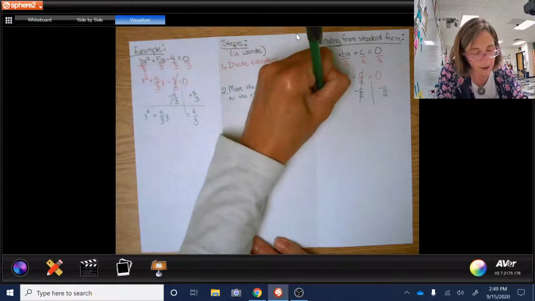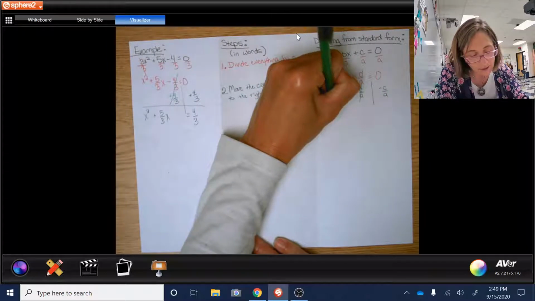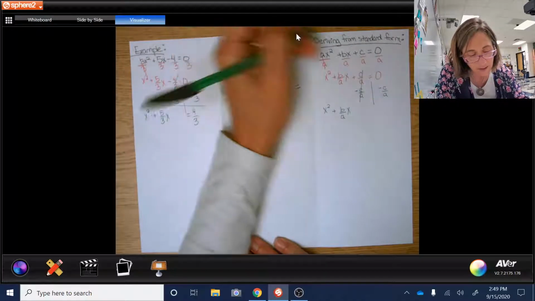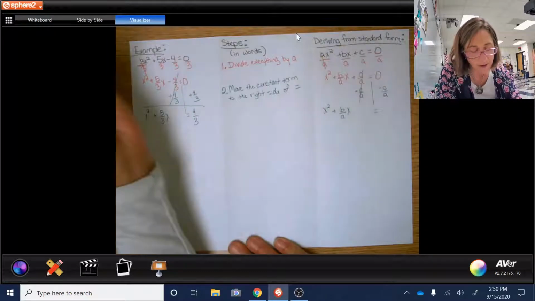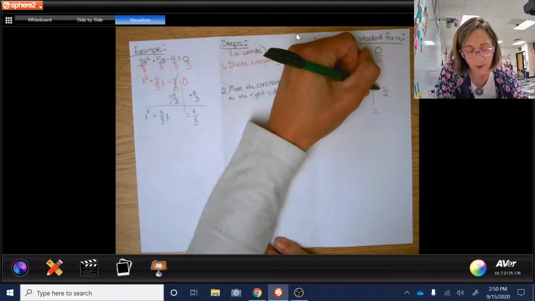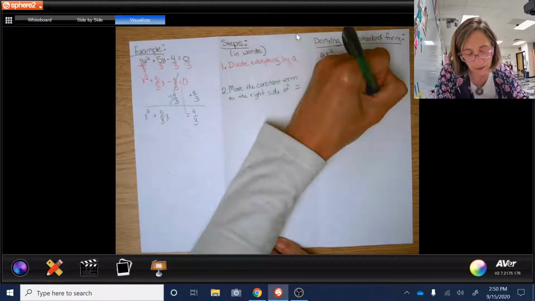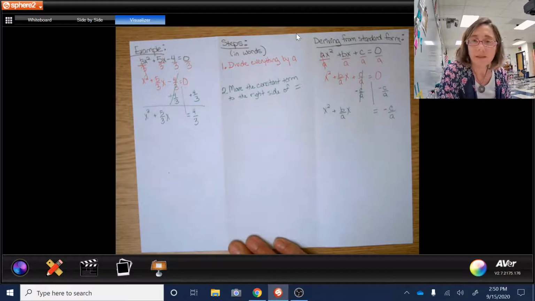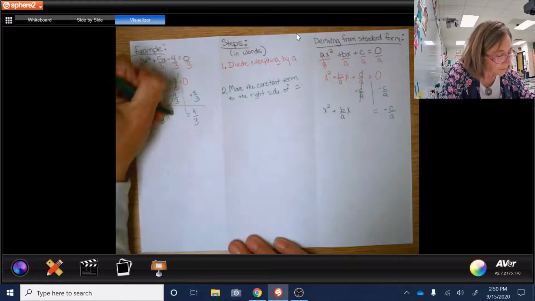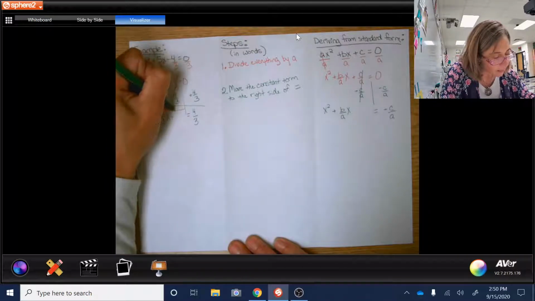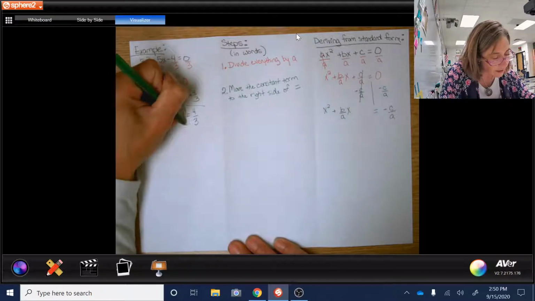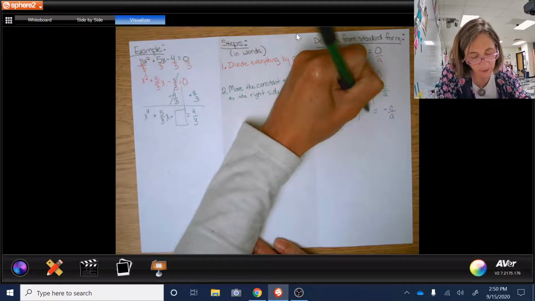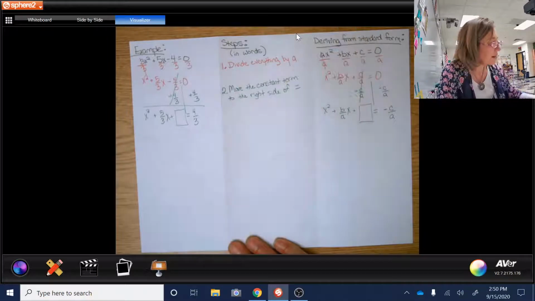So I'll have x squared plus b over a is the fraction in front of my x. I'm going to leave that gap. And then 0 minus c over a would be negative c over a. Okay, so I'm going to put a box here so you can see that's the space that I need to fill in to complete this square.